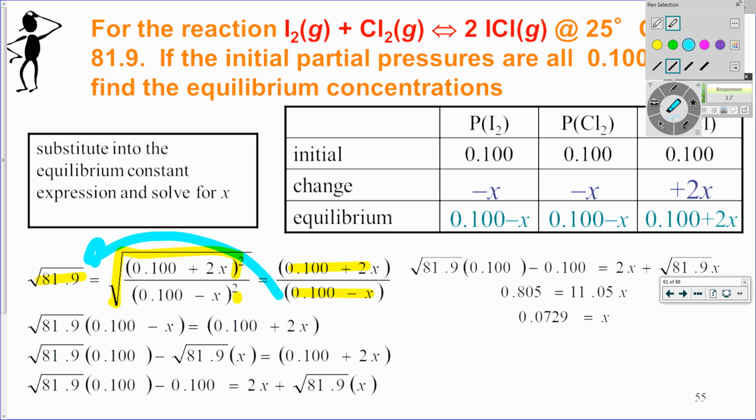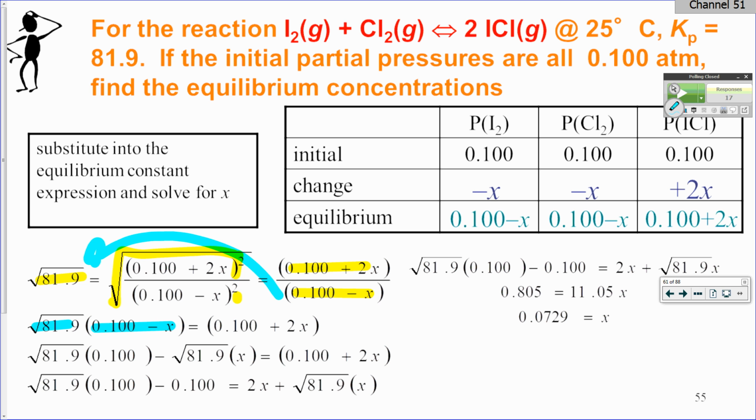So I'm trying to isolate x, and when I do, I've got K sub C times the term that was on the bottom, 0.1 minus x, is equal to 0.1 plus 2x. Now I distribute my square root of K sub C term to both: the square root of K sub C times the 0.1, square root of K sub C times the minus x. So now I take that and rearrange for what x is.